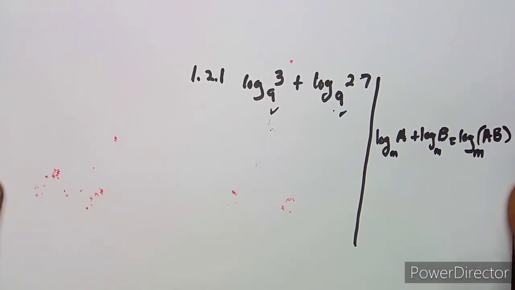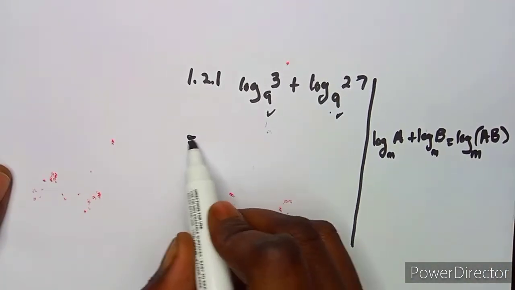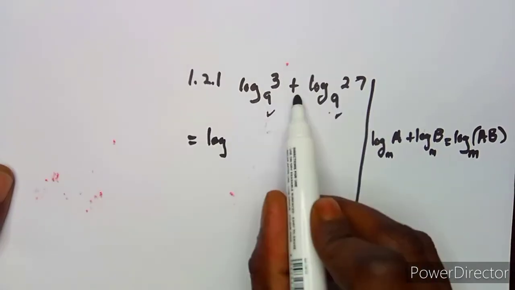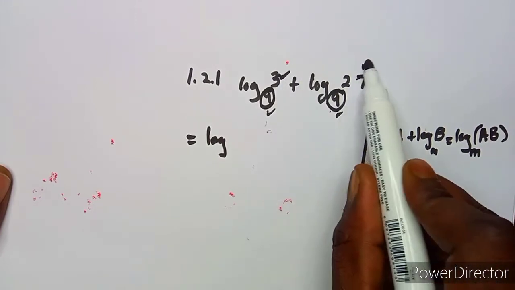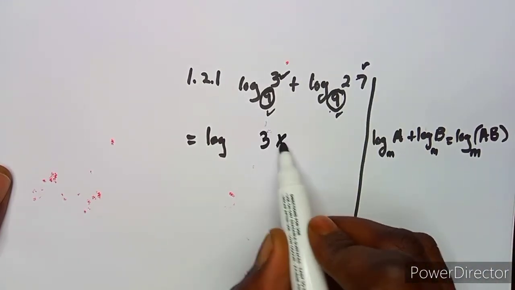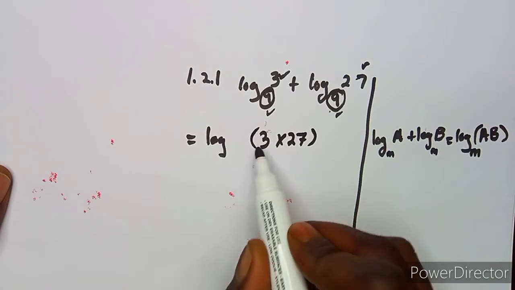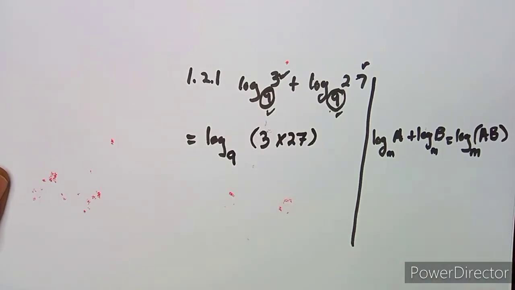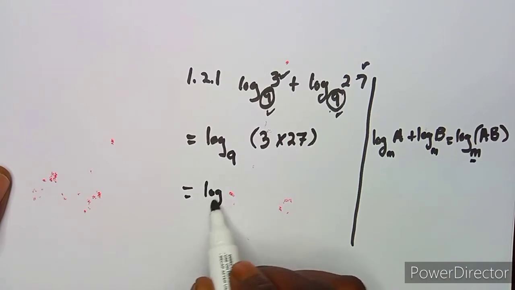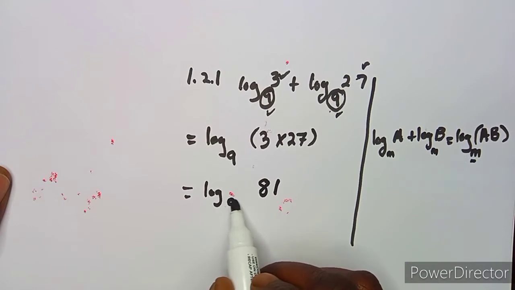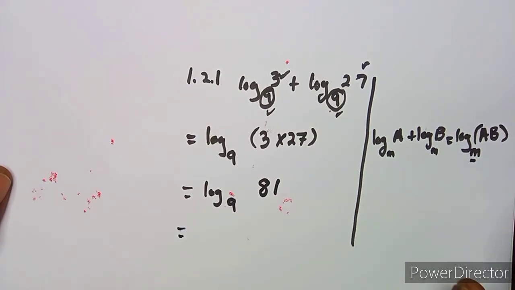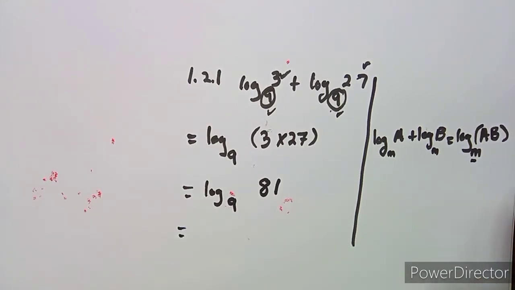So since we are adding and the bases are the same, we're going to multiply 3 and 27, in base 9, just like ab in base m. Which gives us log of 3 times 27, which is 81, in base 9. So this is log 81 in base 9.